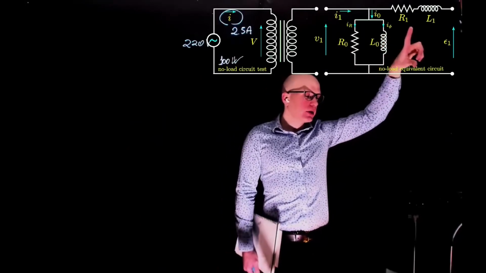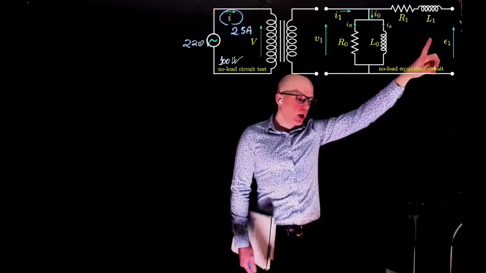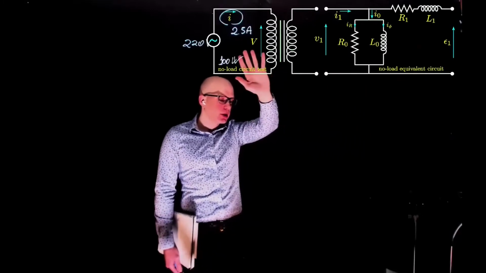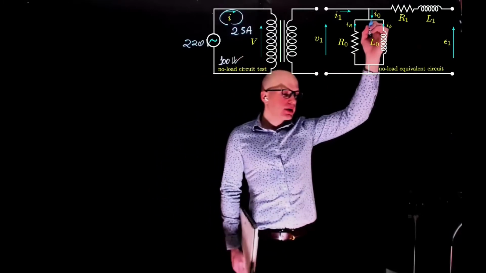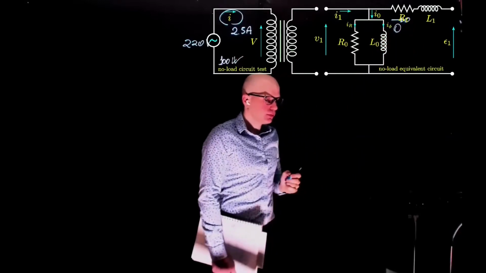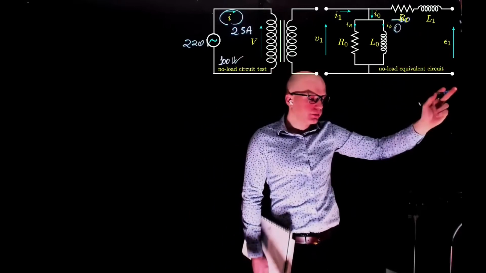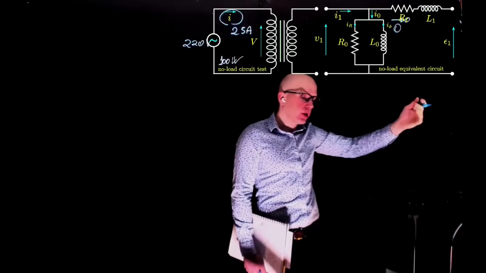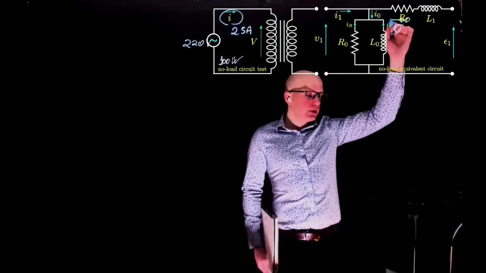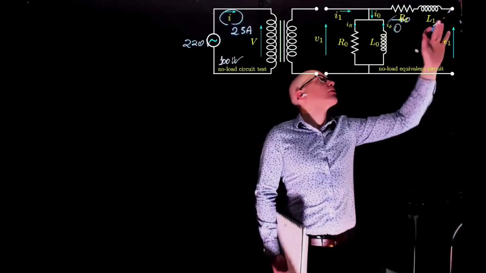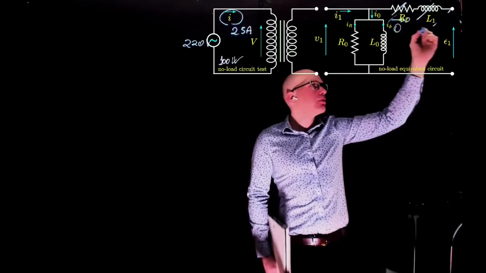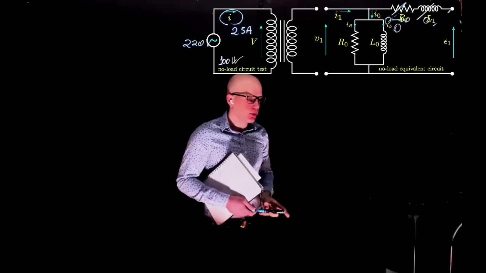This is the part that would connect to the primary winding, but there is no current flowing that way because the terminals on the other part of the transformer are open, so the current going this way is 0. There is nothing on the other side drawing that current or power, which means this part and this resistance can both be neglected, set to 0.